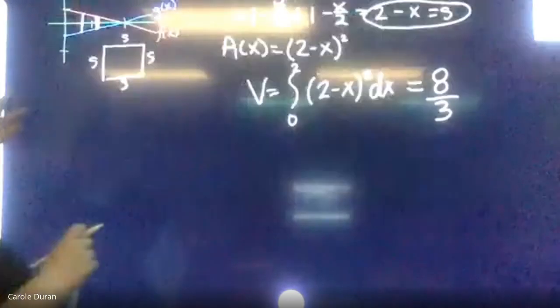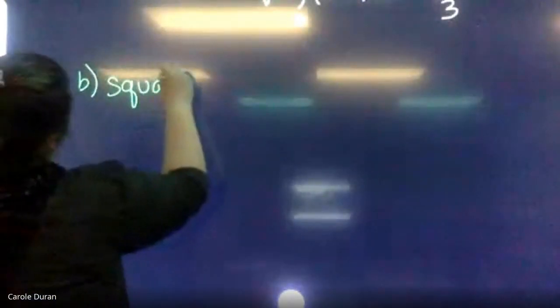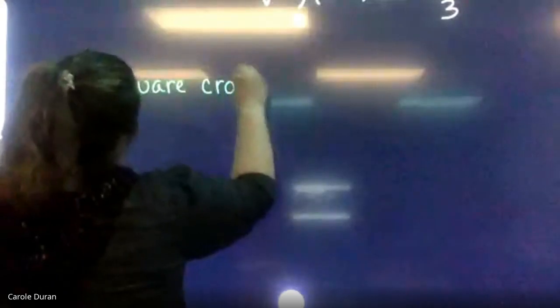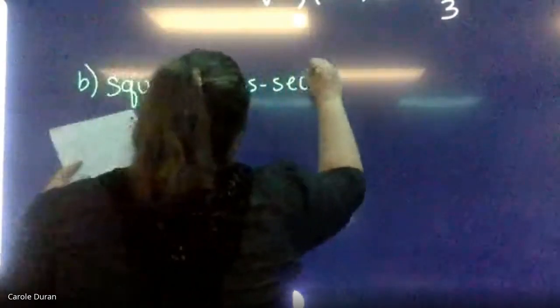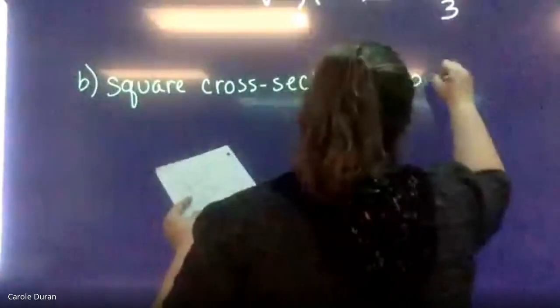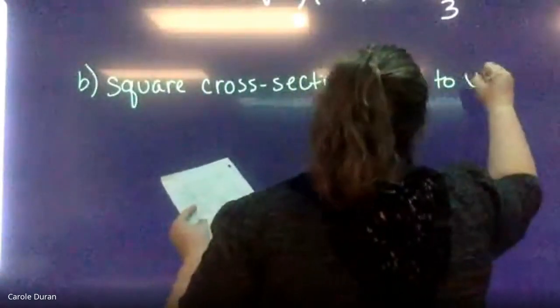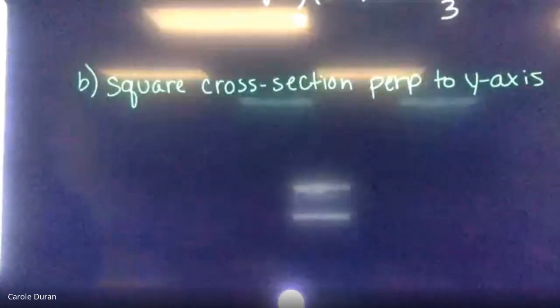So on this next example, which is going to be B, we're going to say that it's still a square cross-section. But this time it's going to be perpendicular to the y-axis. So I'm going to redraw the shape.